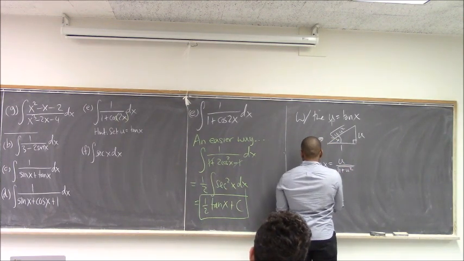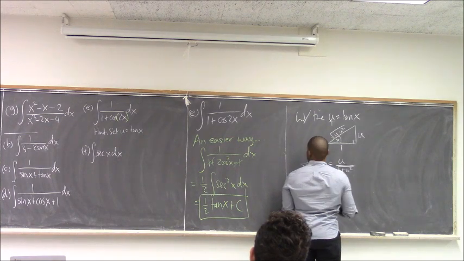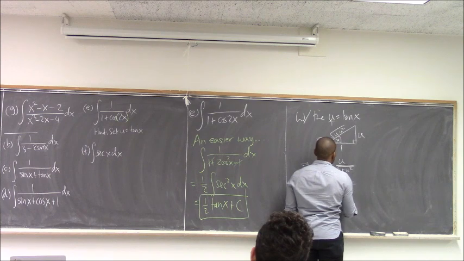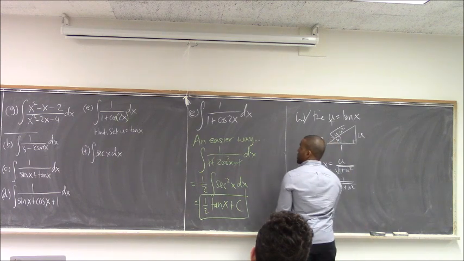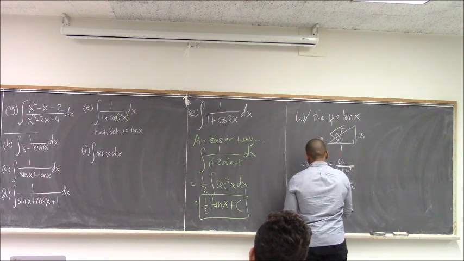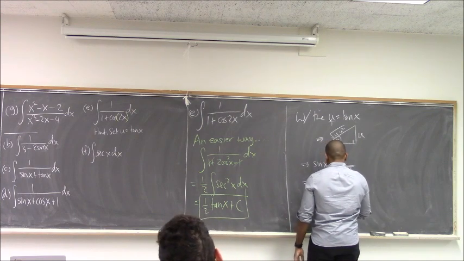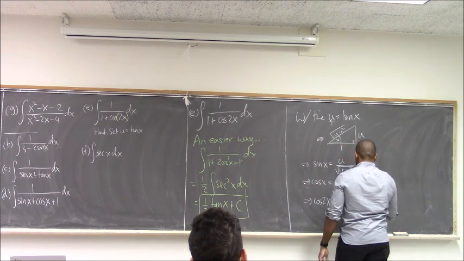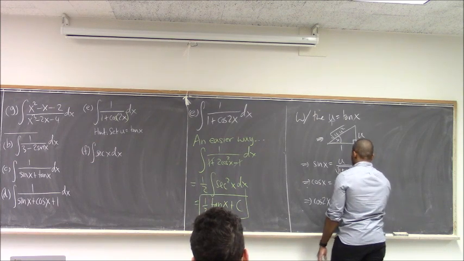It also means that cosine of x is going to be adjacent over hypotenuse, which means my cosine 2x is going to be cosine squared x minus sine squared x.